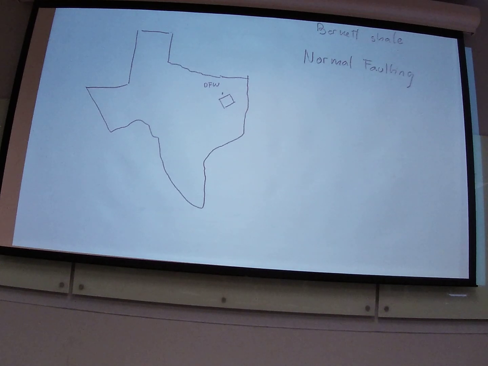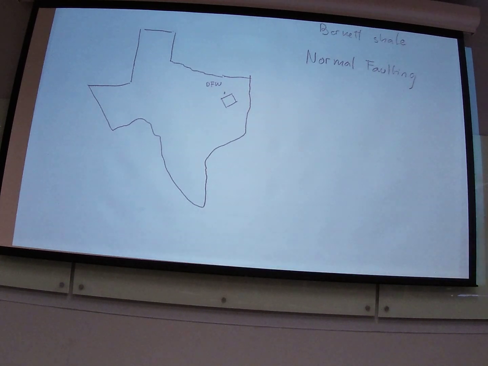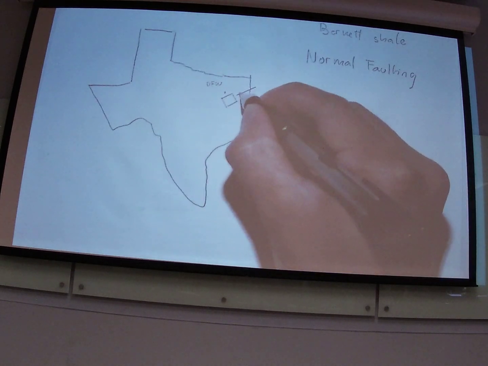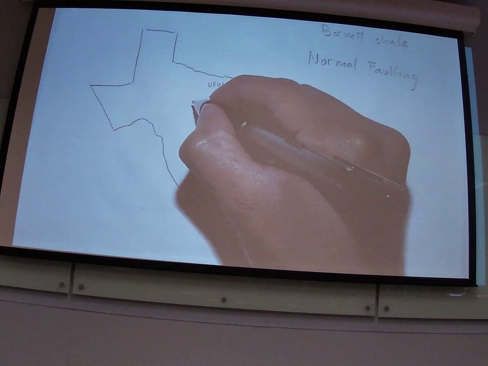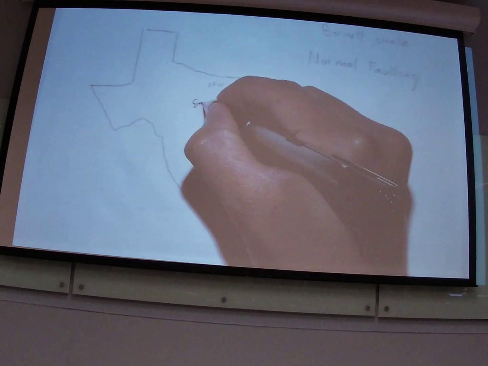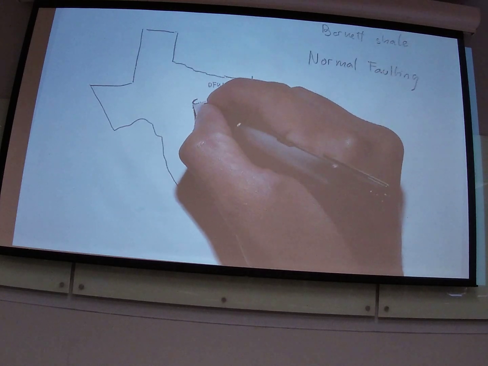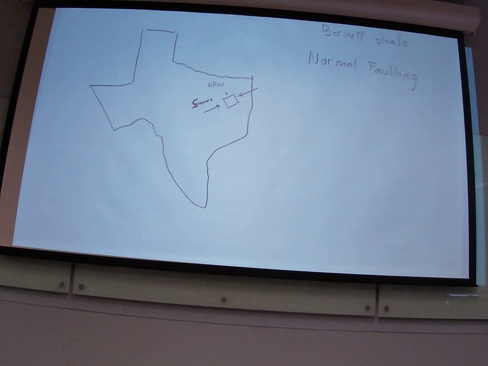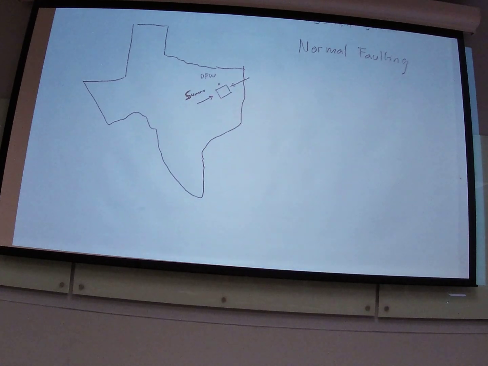Moreover, we know that the maximum horizontal stress is in this direction. And something I didn't say, but I say now, always this maximum horizontal stress and minimum horizontal stress are going to be perpendicular to each other. And those two are also perpendicular to the vertical stress.